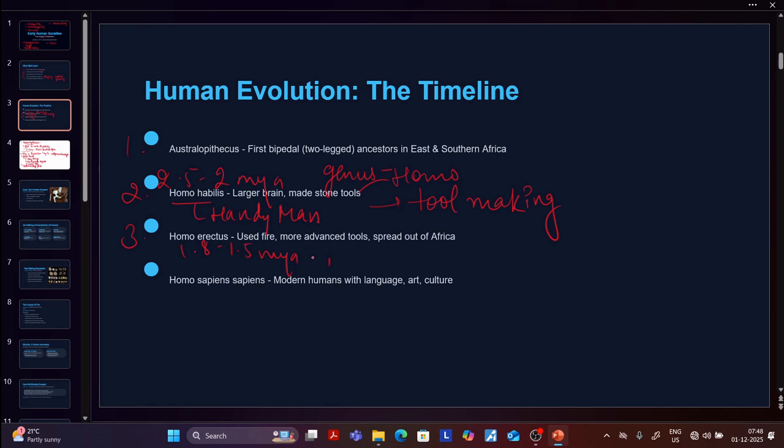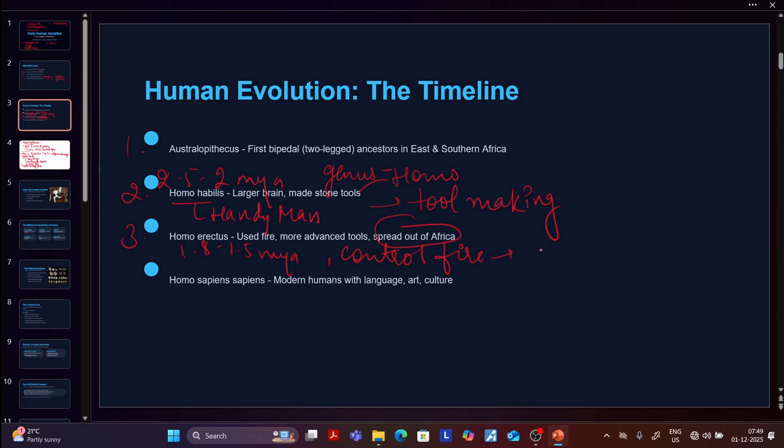Physical build became more robust, and crucially, Homo erectus is the first hominid to control fire. We will discuss fire in detail in our next section, but understand that fire control represents a major technological threshold. Additionally, Homo erectus migrates out of Africa into Eurasia, suggesting improved adaptive capacity.